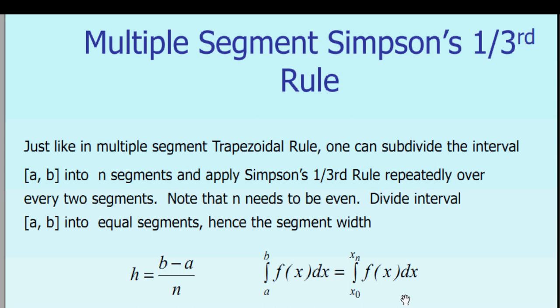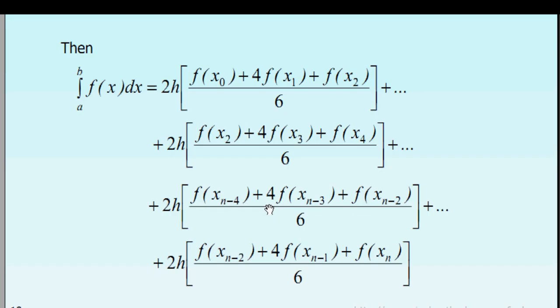h is my step size, and you can find it by the final limit minus the initial limit upon the number of steps, so that is (b minus a) upon n. Then if you find the integration and put the values, taking the step size, the first, the second, the third, and at last the nth part, you will find these consecutive equations.